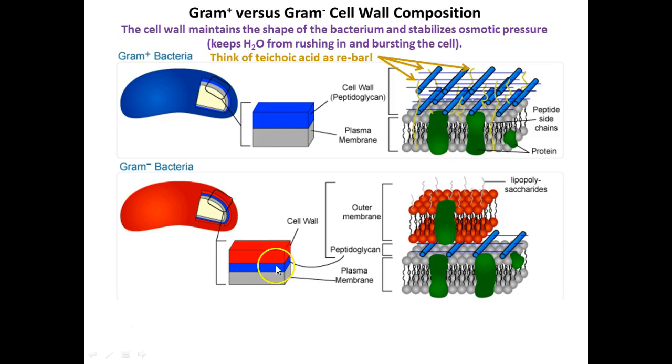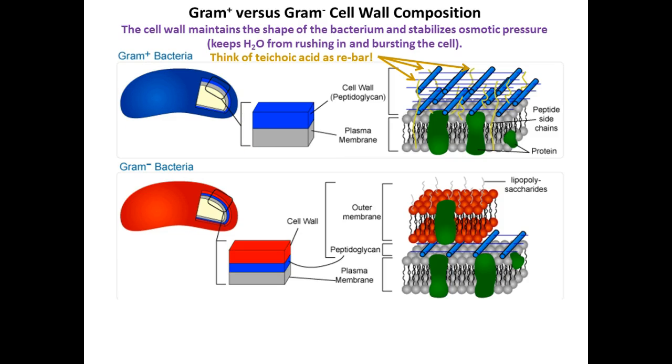So because of these structural differences, they're going to be affected by the stains and decolorizer we use in the gram stain differently. And that's why you get the different results. And when we say positive and negative, we really are talking about a result in this gram stain reaction or test. Gram positive means that it stays stained with the primary stain, which is crystal violet, which is going to be a purple color. Negative means they don't retain the primary stain.